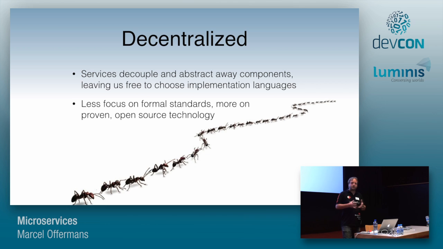And what you also tend to see is that there's sort of less focus on formal standards. By that I mean, for example, if you're building in a more traditional Java EE way, you tend to have to use all the APIs that Java EE provides you, because that's what's in your application server. That's what you probably can use the easiest.